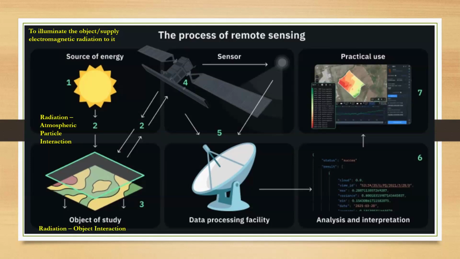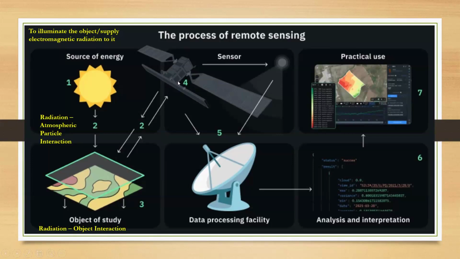Then there could be an object we're interested in sensing, and the radiation also interacts with this object. Then the radiation returns to the satellite or the sensor out there in space.